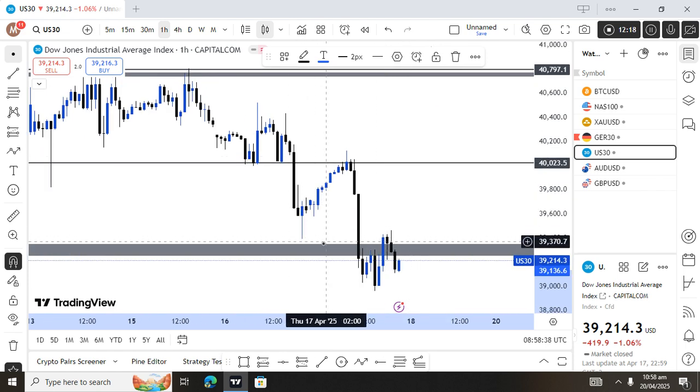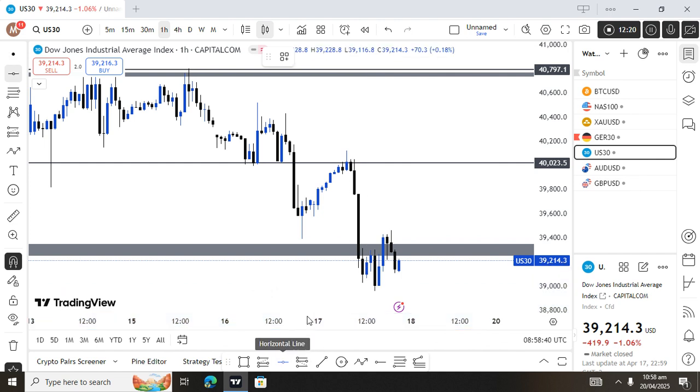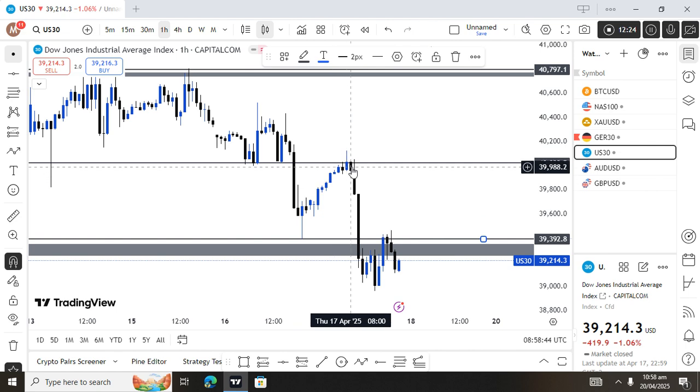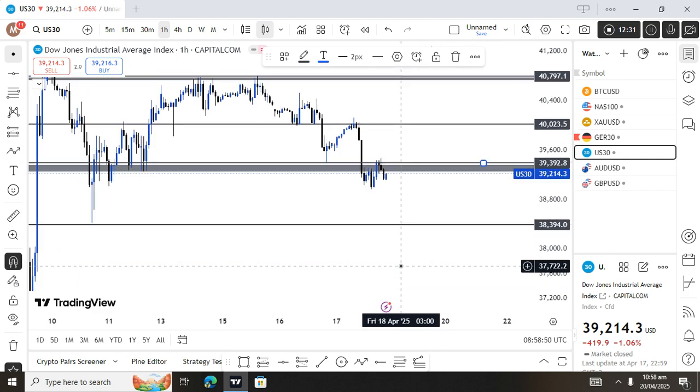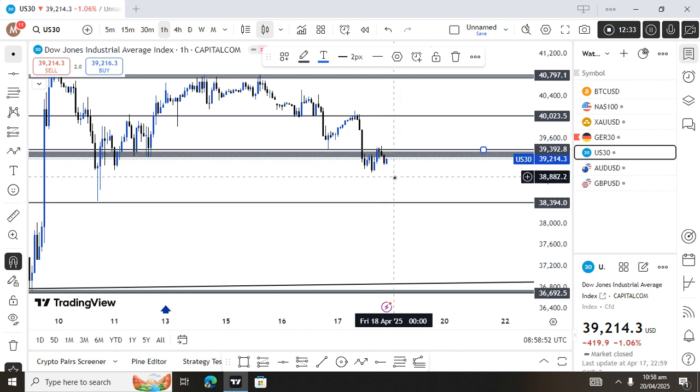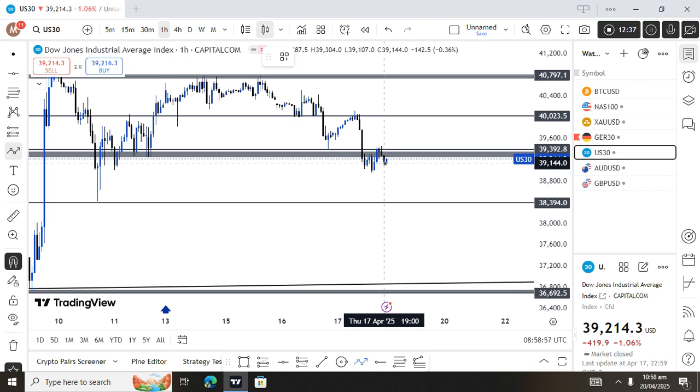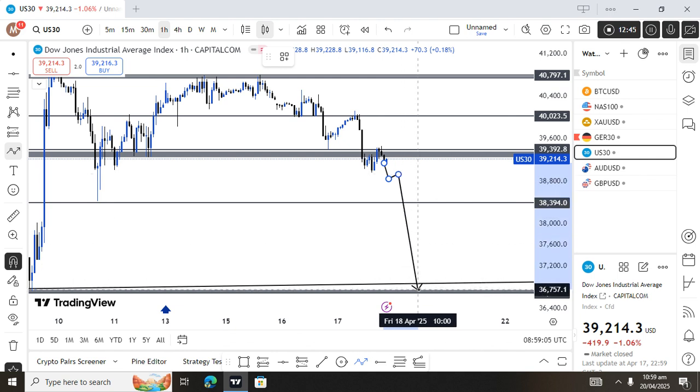This is what I was saying, that the market broke and retested this area. See, the market broke it and came here and retested. So right now, what I'm expecting is for the market to break here, and after breaking, retest and make those sells to this area, which would be our breakout.